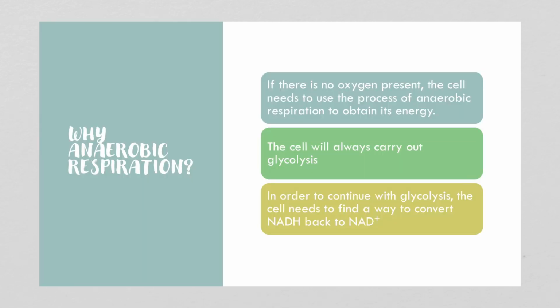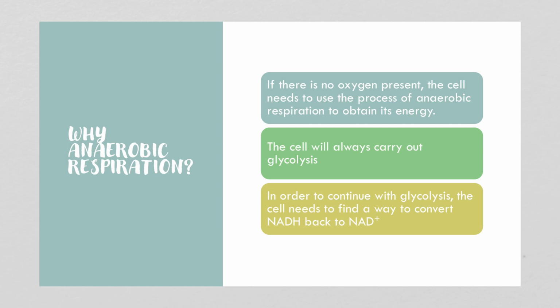You might ask why, if no more ATP is made, would we undergo anaerobic respiration? That seems like a huge waste. Well, when there's no oxygen present, we still need to be able to use the process of anaerobic respiration. The cell always carries out glycolysis. It doesn't need oxygen. However, if all of the NAD has been converted to NADH, glycolysis can't even happen.